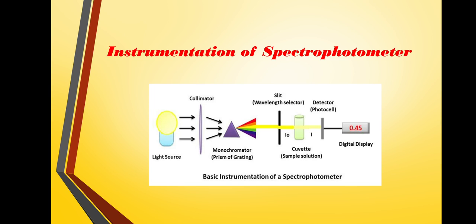In spectrophotometer, the beam of light coming from the light source passes through the collimator and reaches the monochromator. Generally, the monochromator is a prism or grating. The monochromator converts the polychromatic light into monochromatic light, or single wavelength light, and passes it through the exit slit towards the sample.